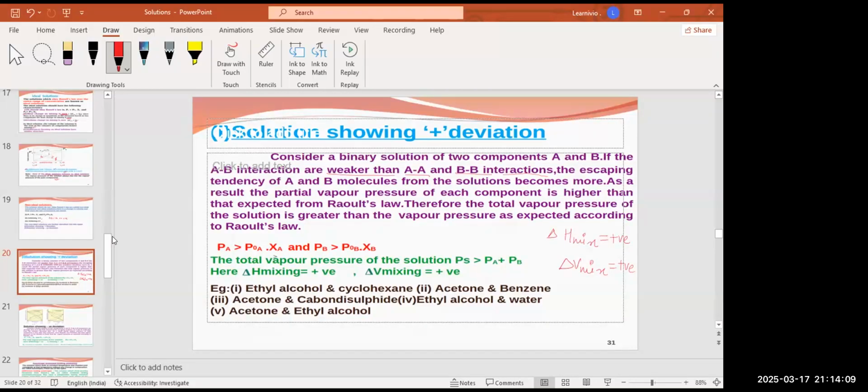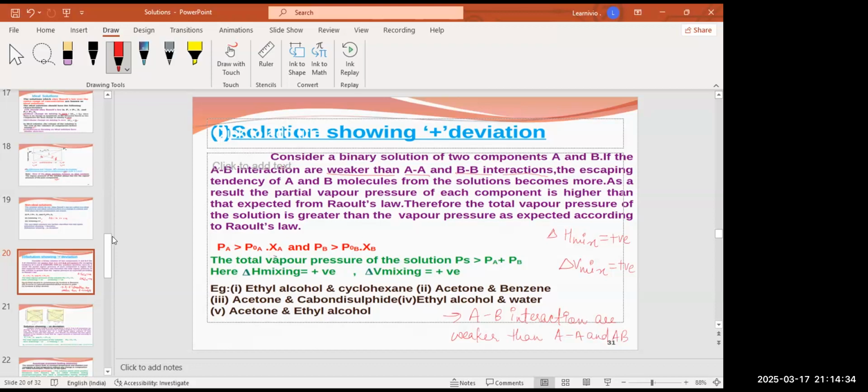And in this case, in positive deviation, what happens? The AB interactions, the interactions between components A and B, are weaker than those between AA and BB.